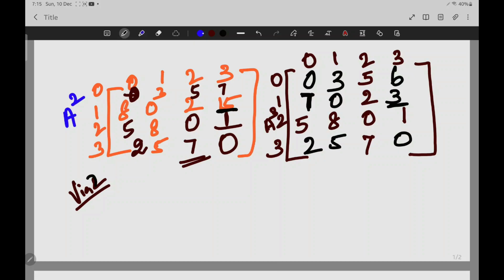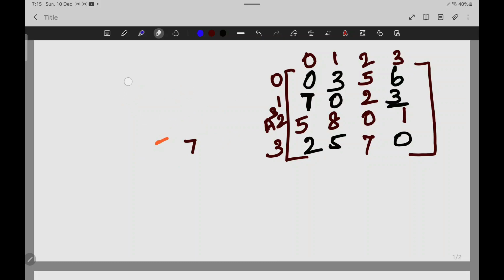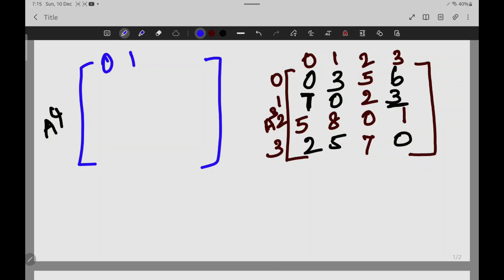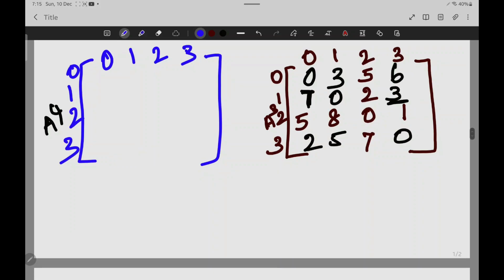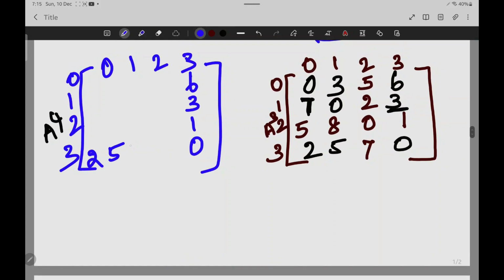Now this is considered as via 2. So we need to consider the current matrix. This matrix we need to frame as A4, the final matrix, 0 1 2 3, which is going to give the minimum path.